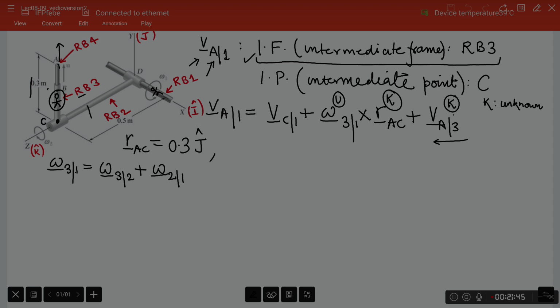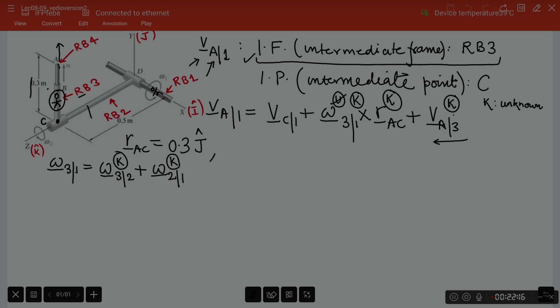Going back to the previous slide, you would notice that indeed this quantity is known, omega 32 is given, and also omega 21 is given. So which in turn makes omega 31 a known quantity. Earlier it was unknown, now I strike off u and I write k above omega 31. So that quantity is also known.